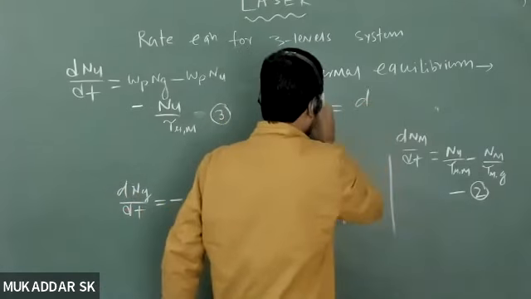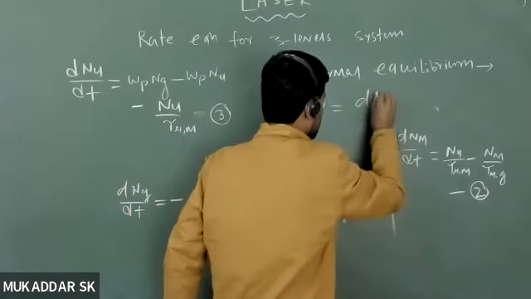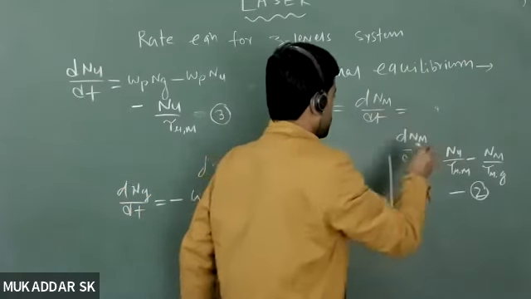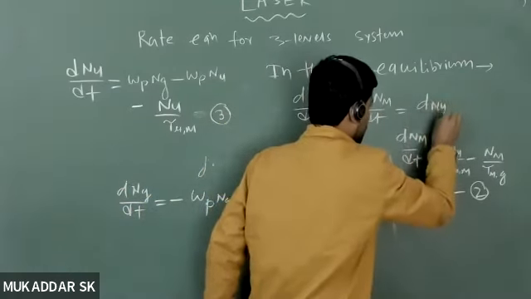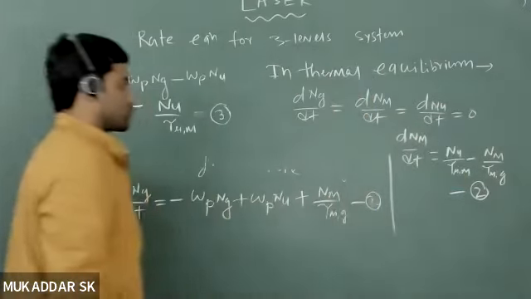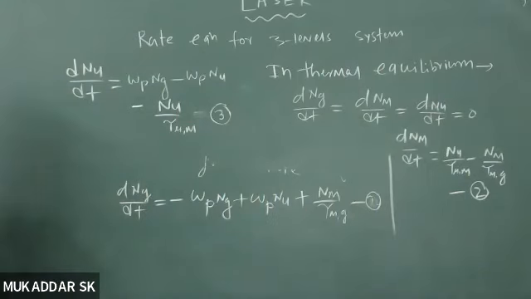So what I can write: dN_G by dt equals dN_M by dt equals dN_U by dt, and that should be equal to 0. So the rate of change of population of all states will be 0 at equilibrium condition.